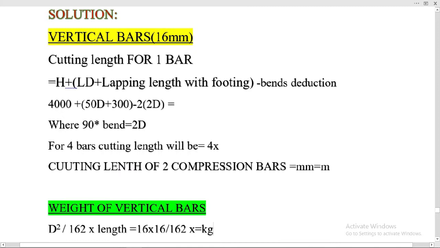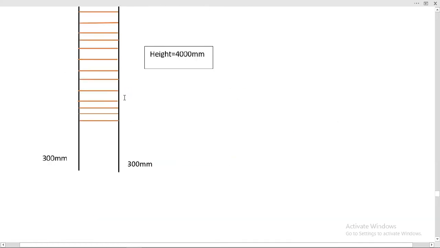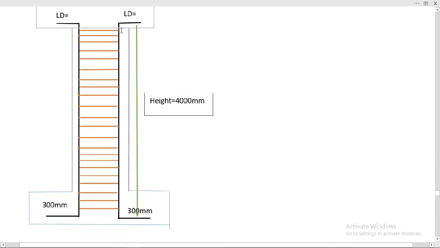So let's start first. Vertical bars of 16 millimeter dia, cutting length for one vertical bar. Here is the formula: total height of the column after the subtraction of concrete cover, plus LD, development length. LD is the formula for development length. Here you can see in the elevation view these bars are induced into the slab, so here are bends.